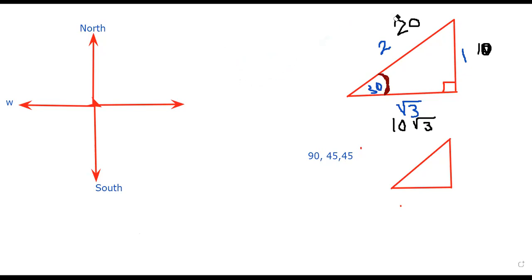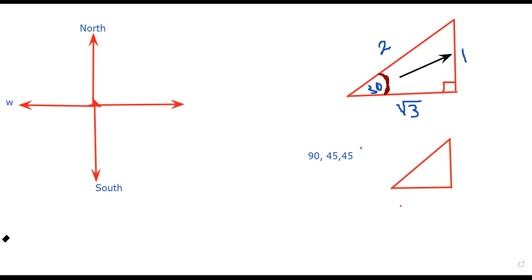Again, what is the main ratio for 30-60 triangle? You will start from the side opposite to 30 degrees. The side opposite to 30 degrees, it will be the key for the question, right? So the side opposite to 30 degrees, it will be half the hypotenuse.